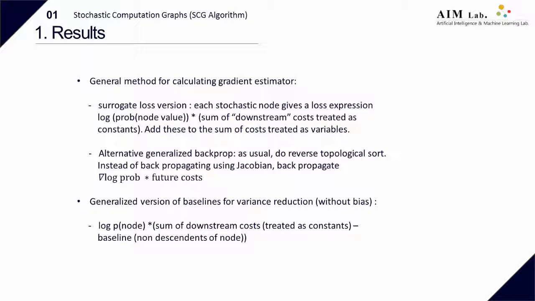When doing backpropagation, if we start at a stochastic node, we apply the following special calculation. Unlike normal backpropagation with Jacobians, we use the gradient of log probability times future cost in the backpropagation.